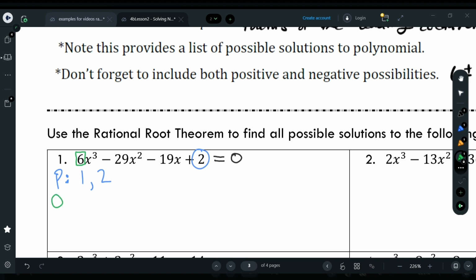All the choices for q are going to be all of the factors of 6. So you could look up the factors of 6 if you wanted to make sure you don't miss any. But what do we have? 1 times 6 or 2 times 3. Those are the choices. I'll list those out in order here. So just counting up, we got 1, 2, 3, 6.